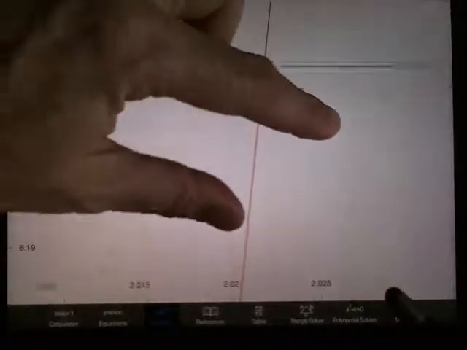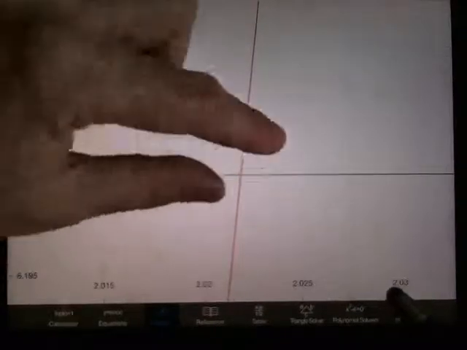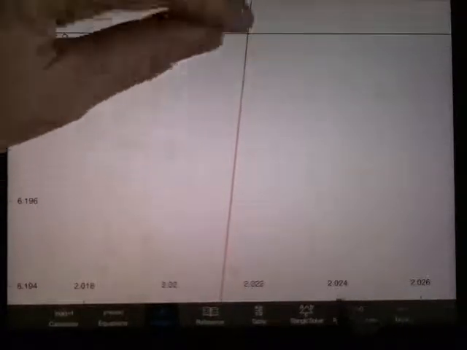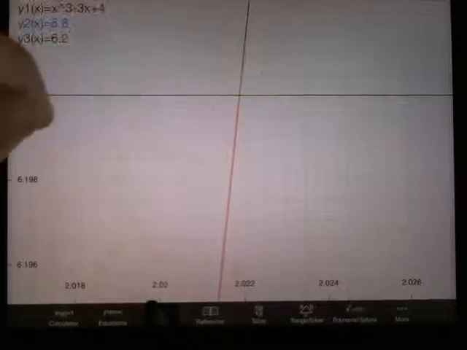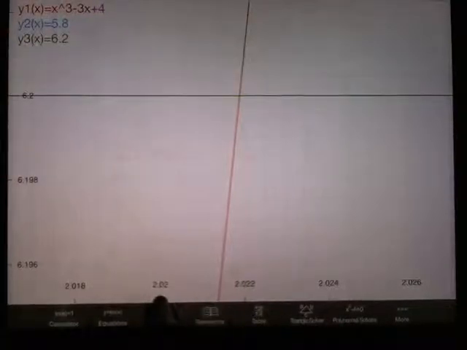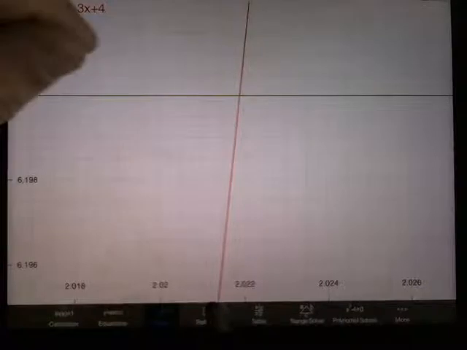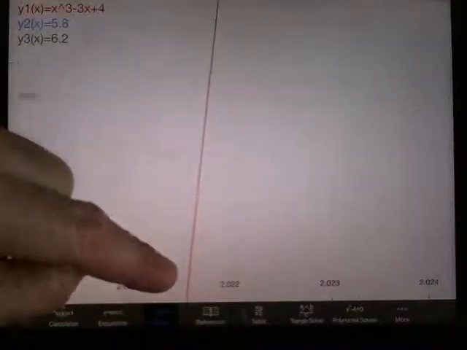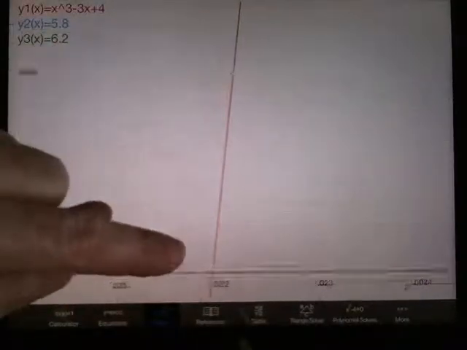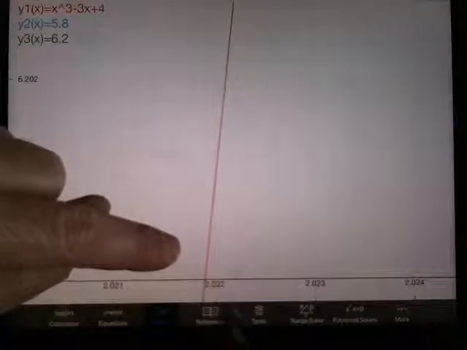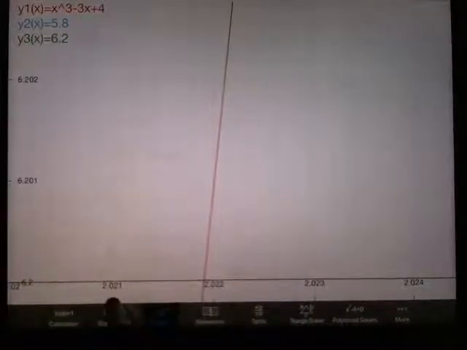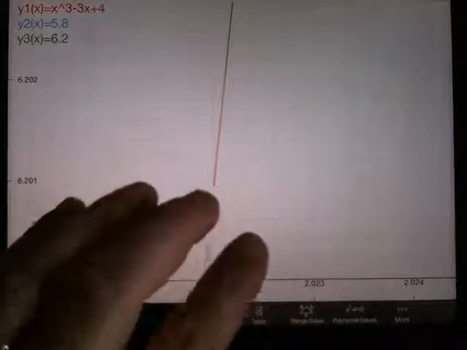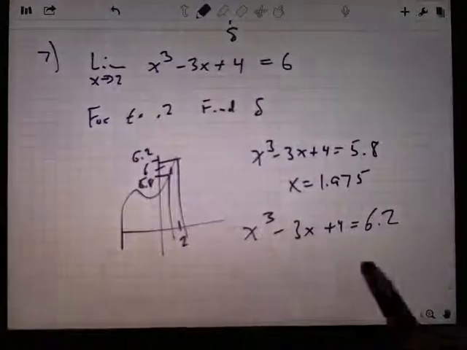I'm at about 2.02, 2.021, 2.0219. 2.0219 is what I think I have here.